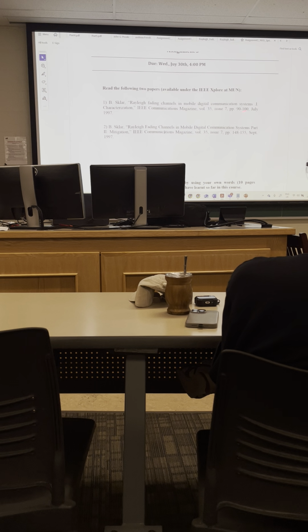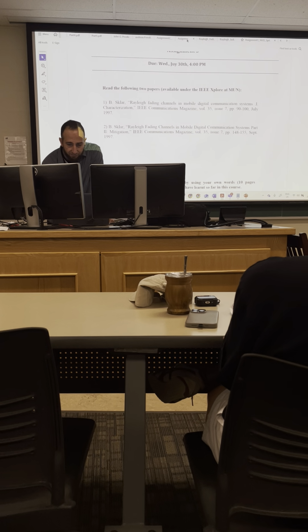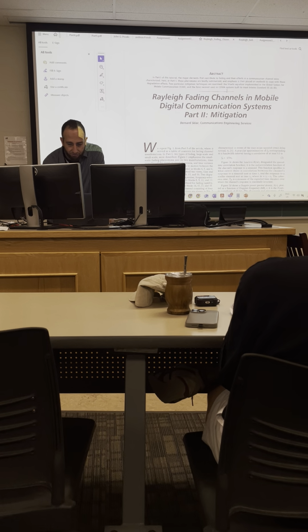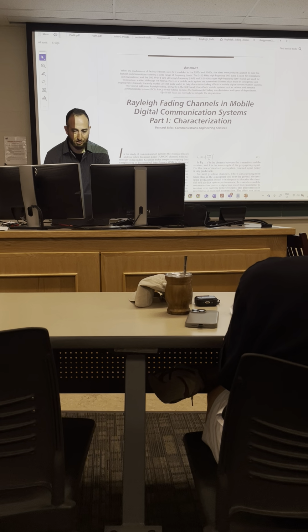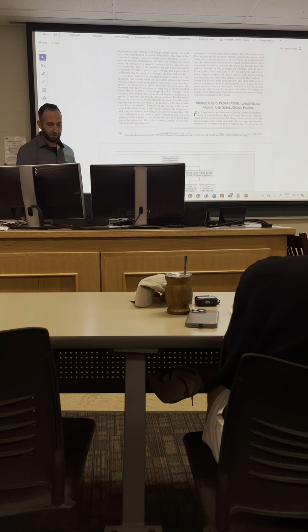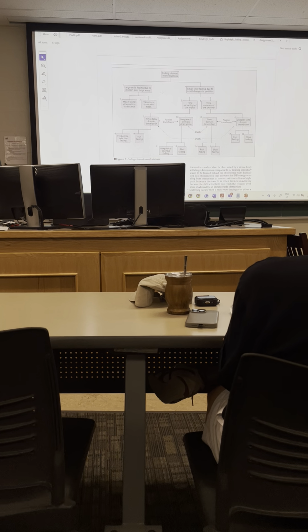Here he discussed the fading, and if you open the paper itself, you go and download it. This is the first paper. You can see some similar characterization here. These are fading channels: large scale and small scale.